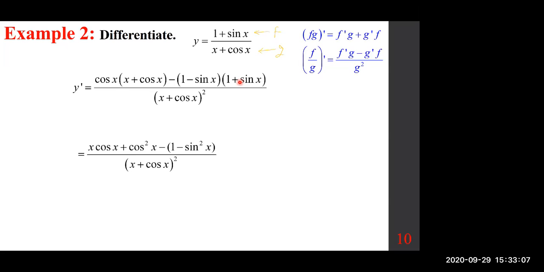Now what is 1 minus sine squared? It's cosine squared. So therefore, cosine squared and minus cosine squared cancel each other. And that's the final answer, everybody. That is our final answer.